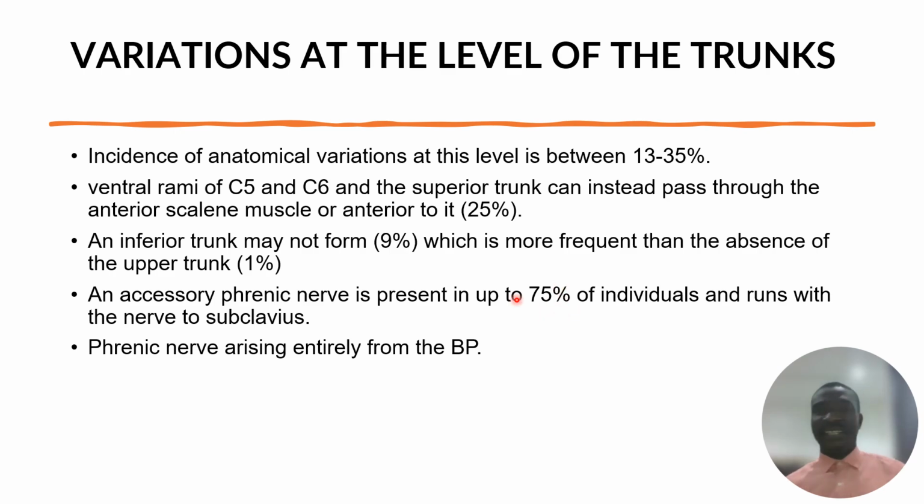So when you find out that there are these variations, it means that you must make sure that injections of a particular anesthesia or a particular procedure will also consider these variations in the treatment plan.